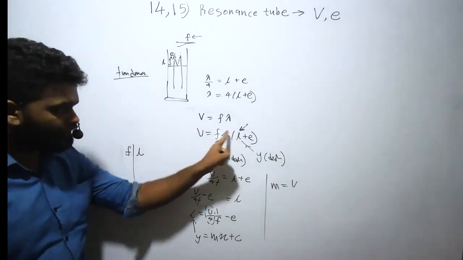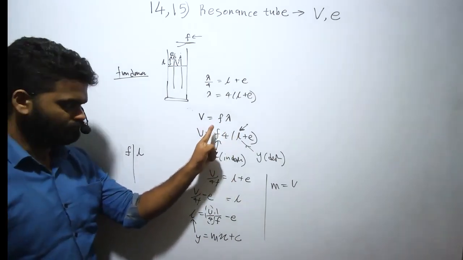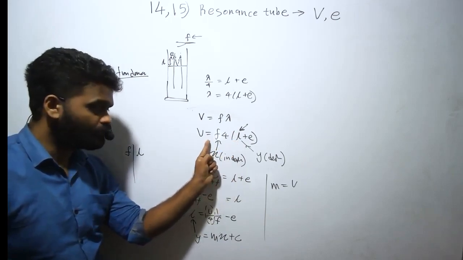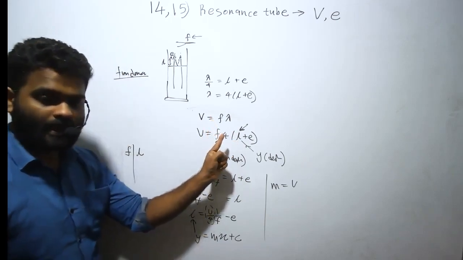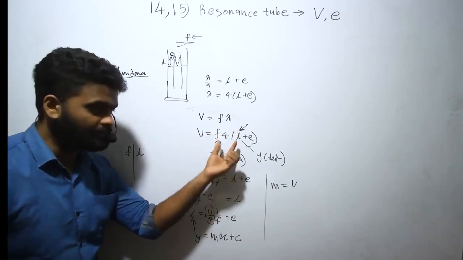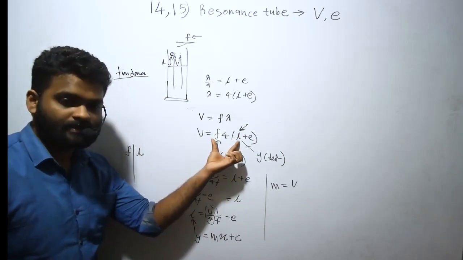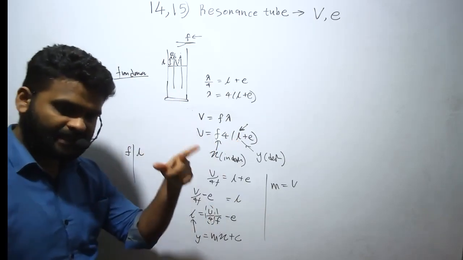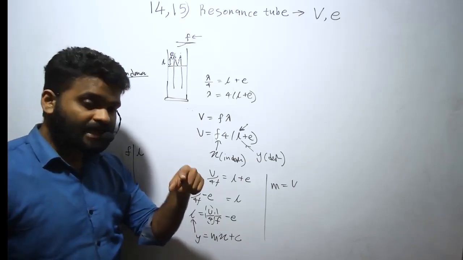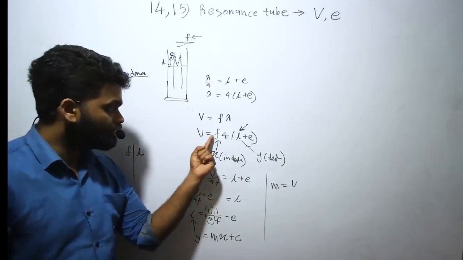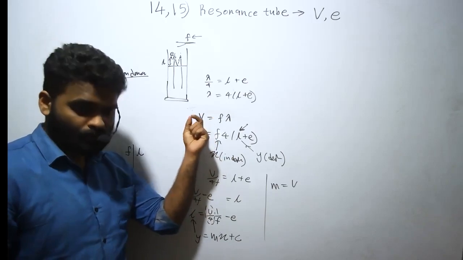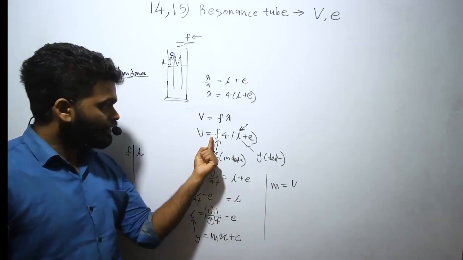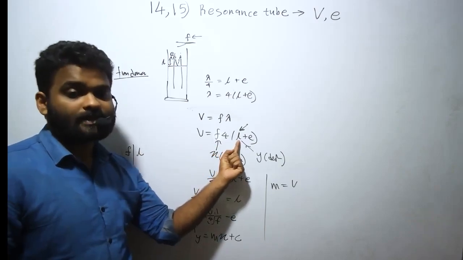For the highest frequency fork, you will have the least resonance length, right? For the highest frequency, you will have the least length because these are inversely proportional, right? So you will start taking measurements from the highest frequency fork and in descending order. So you will have the lowest length first, right?